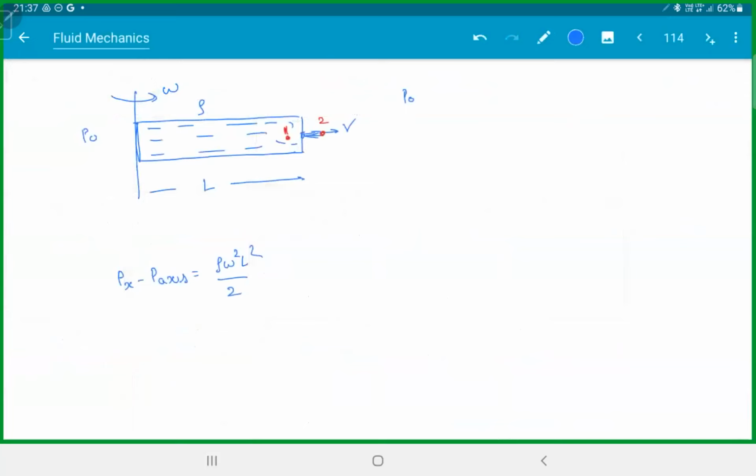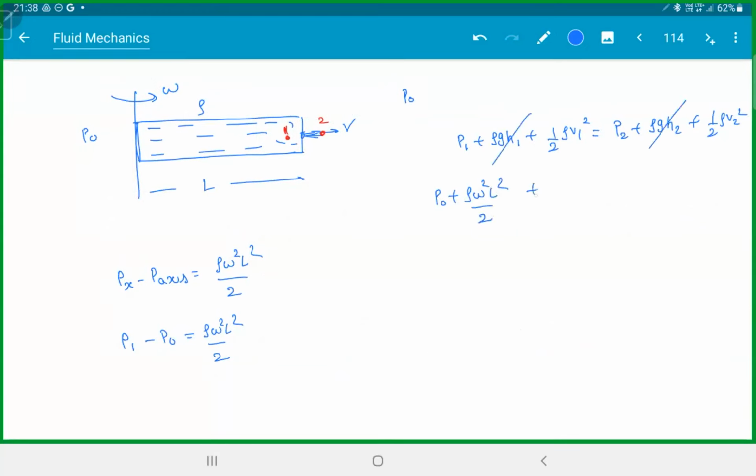Got it? So the pressure at point 1 will be P naught plus rho omega square L square by 2. Apply Bernoulli between 1 and 2. So P1 plus rho g H1 plus half rho V1 square is P2 plus rho g H2 plus half rho V2 square. P1 is P naught plus rho omega square L square by 2. Height is the same, so both will cancel.